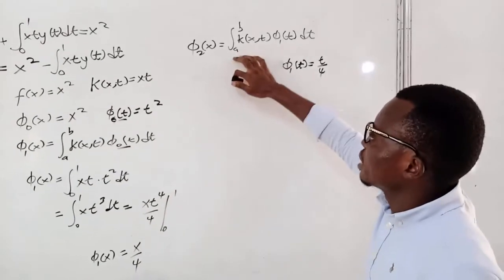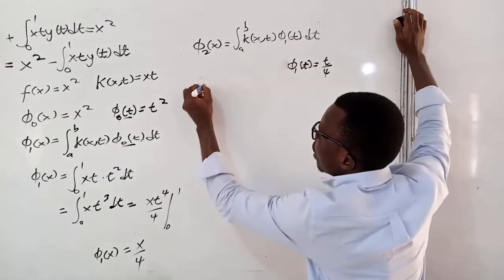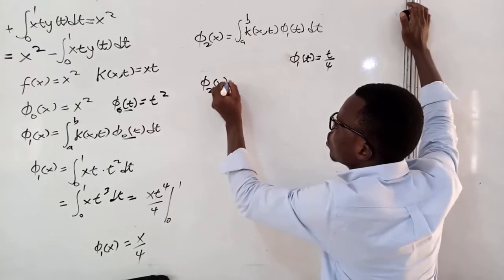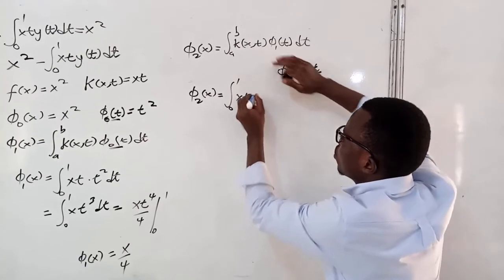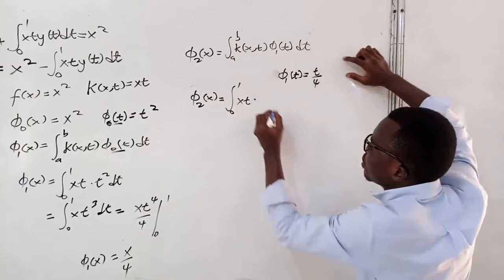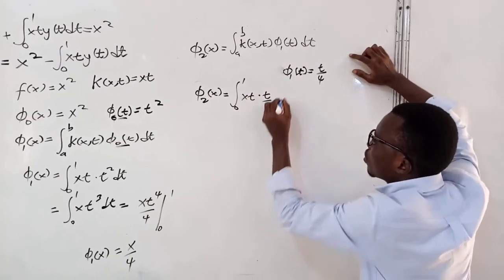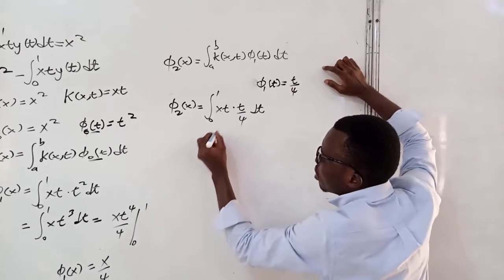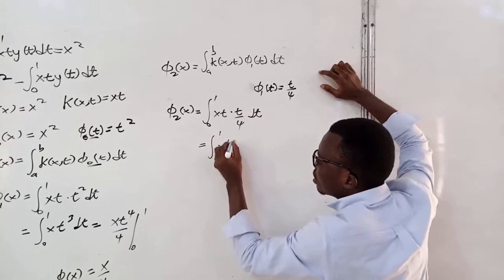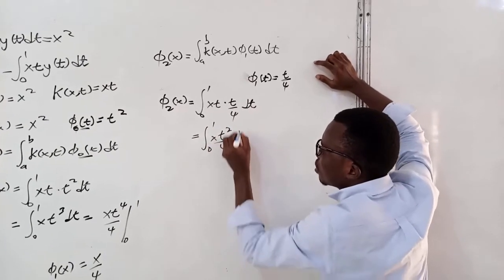So from this relation, we are going to have phi 2 of s equal to the integral from 0 to 1 of the kernel, which is given as st, times phi 1 of t, which is the same as t over 4, dt. This is the same as the integral from 0 to 1 of st squared over 4 dt.